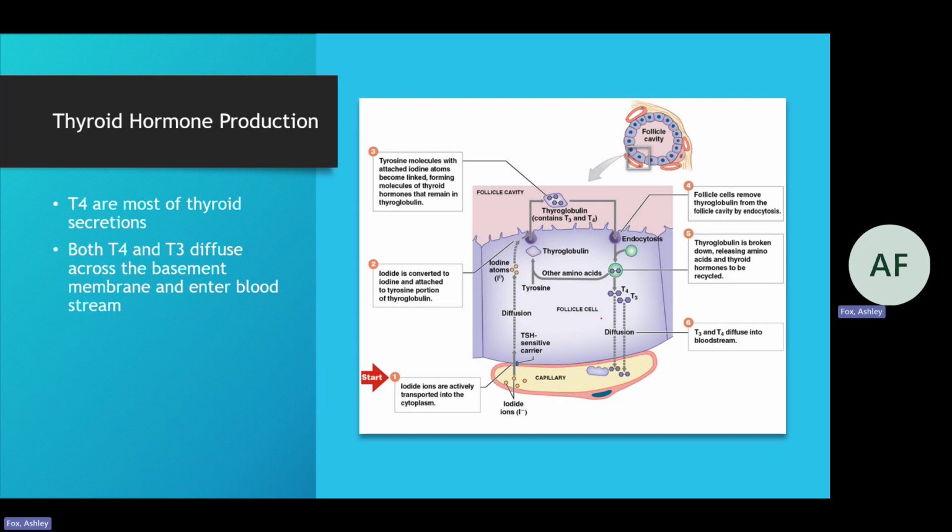T4 is going to be most often the one that's released, but we do release T3. And by diffusion, because remember, we're an endocrine gland, it goes directly into the bloodstream. Our hormones are going to go directly from the follicle cell into your capillary and into the bloodstream to go wherever it needs to go.